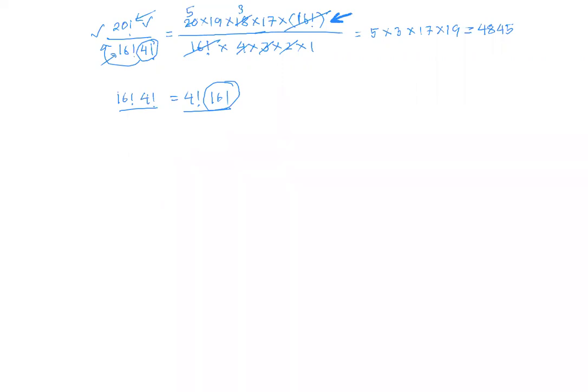Any other questions, anybody? I was just going to ask, for example, the 20 to 5, that's 4 goes into 20 five times, and then the 18, how do you get to 3? Because 3 times 2 is 6, right? 6 goes into 18 3 times.